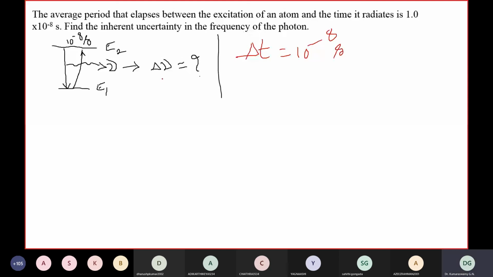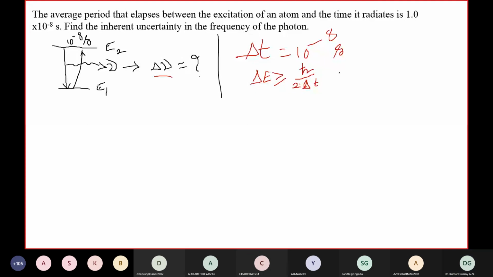We have to find delta nu. What is the conjugate pair of delta T? Energy, delta E. So we have delta E is greater than or equal to h cross by 2 into delta T.